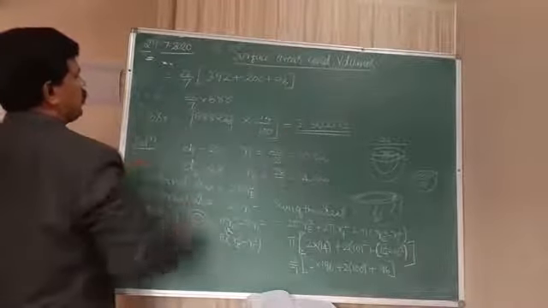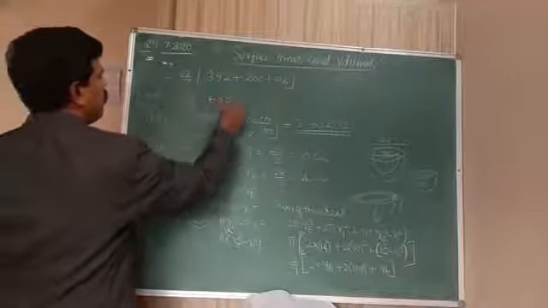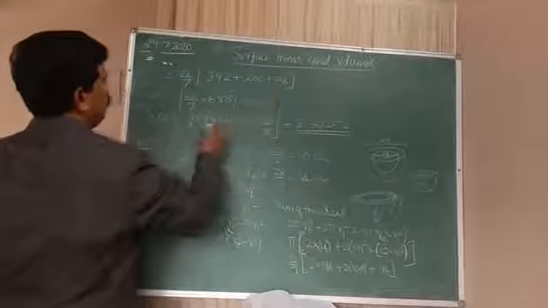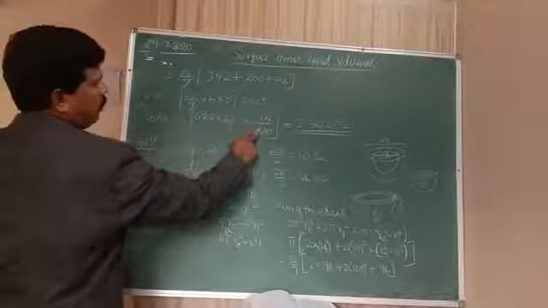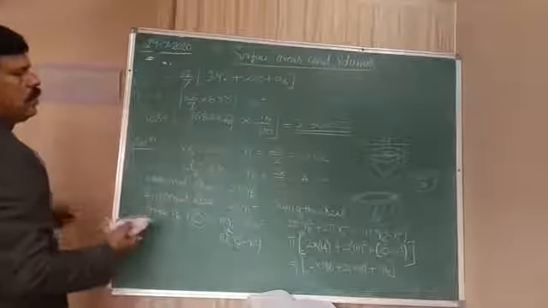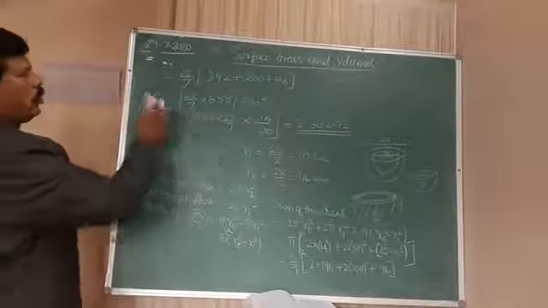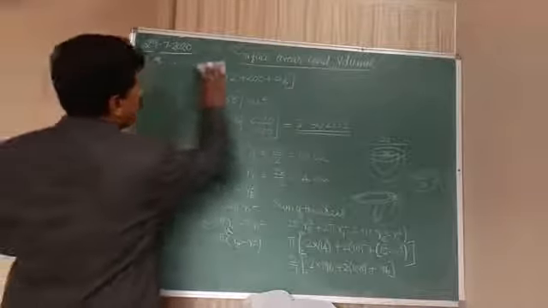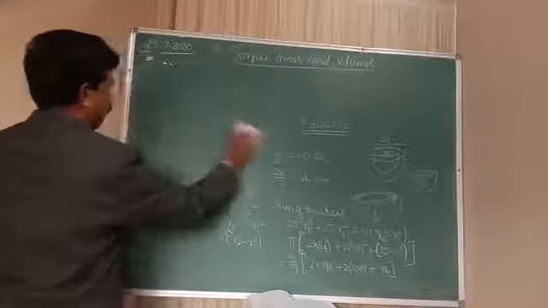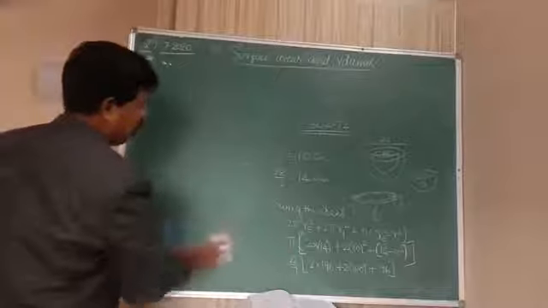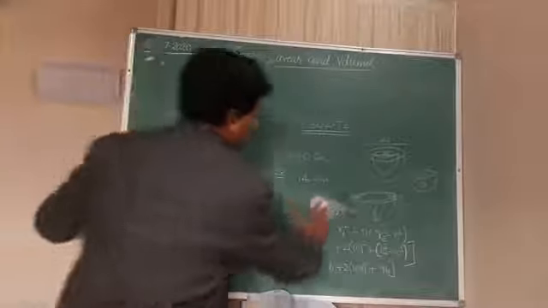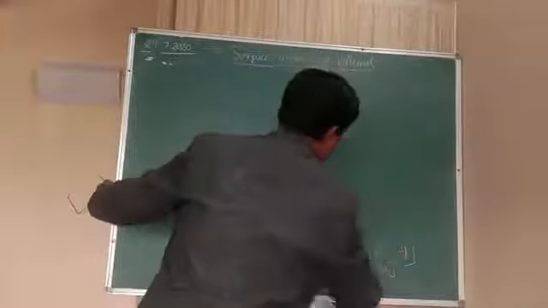This is the total surface area in square centimeters. Now you multiply this by 14 by 100. That gives 302 rupees 72 paise. Okay. Now I am doing it in another way. I am showing you how to do that one.